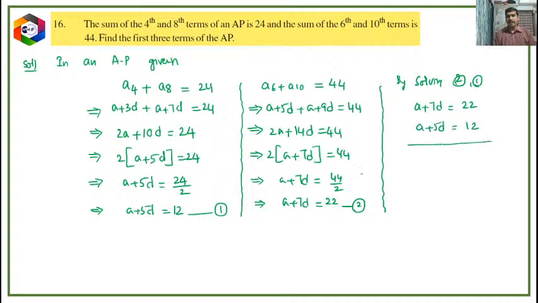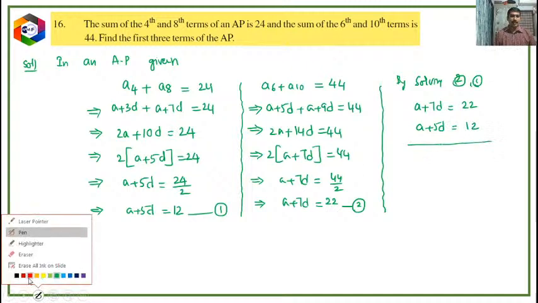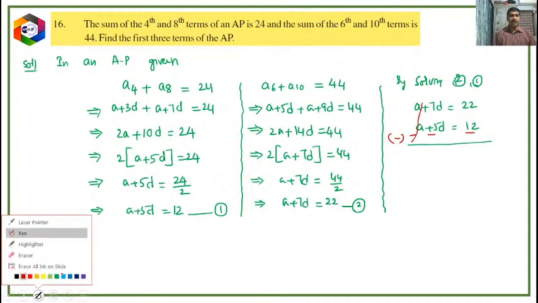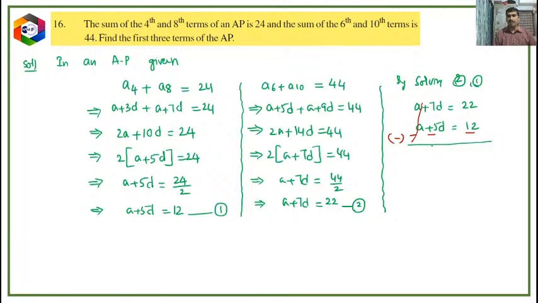Now let us subtract here. Since subtraction is nothing but adding the additive inverse, the symbols should be changed and A will get cancelled. So 7D minus 5D will be 2D, and 22 minus 12 is 10. So D is equal to 5.